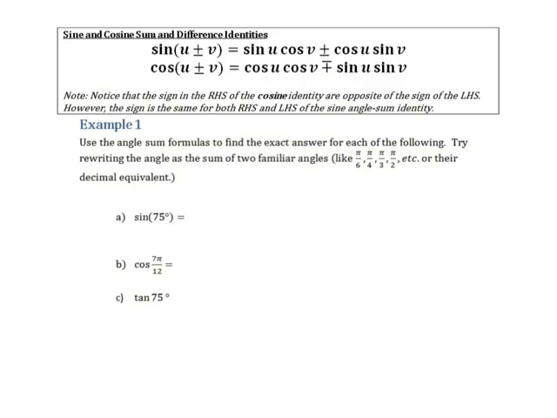Well, let's see how we can use this. We know lots of nice, neat angles, like 30s and 60s and 45s, or pi over 6, pi over 4, pi over 3, things like that. We know how to find the sines and cosines of these. But now, what if we want the sine of 75? How can we find that angle?